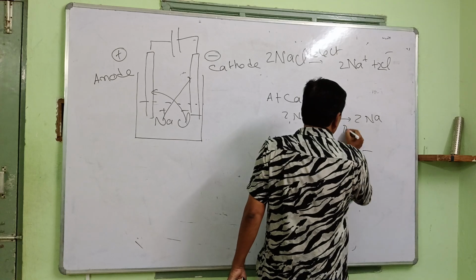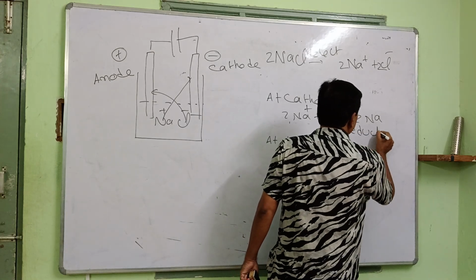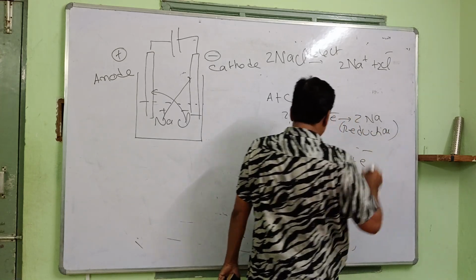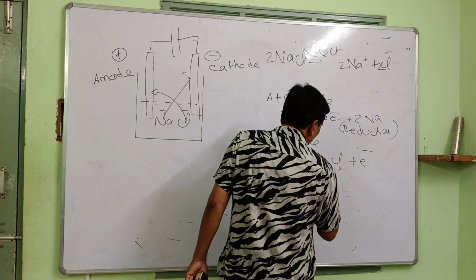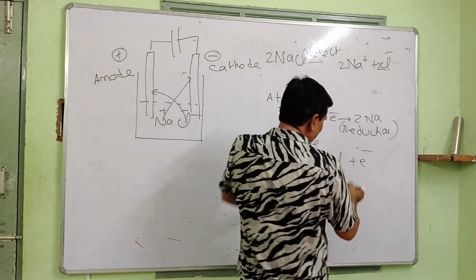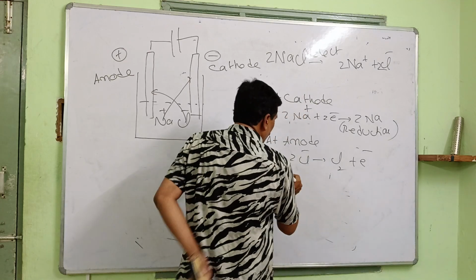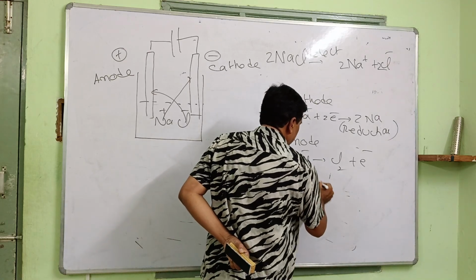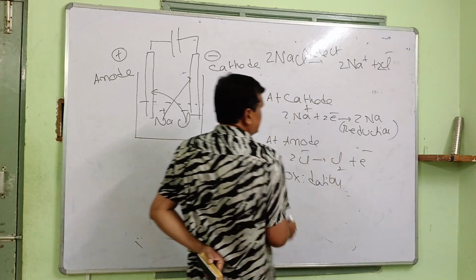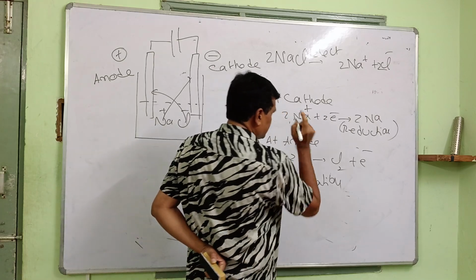At the cathode it undergoes reduction. At the anode chlorine is evolved, so it undergoes oxidation. This is the reduction product, this is the oxidation product.